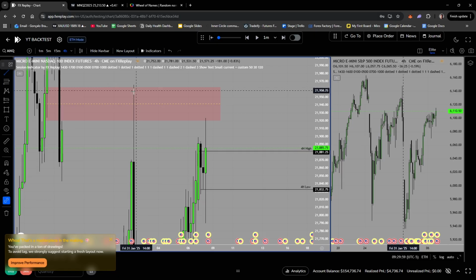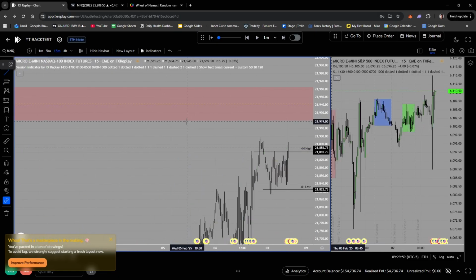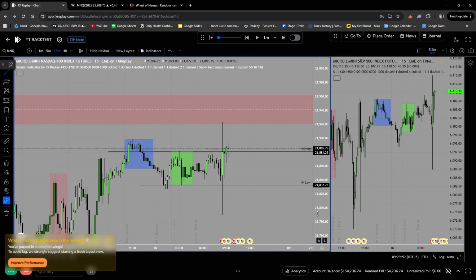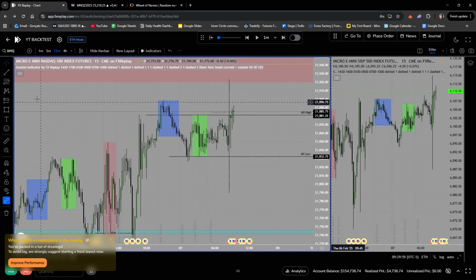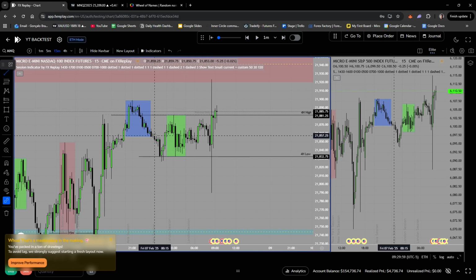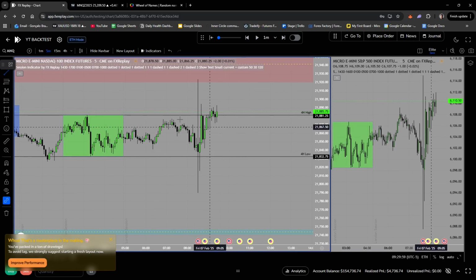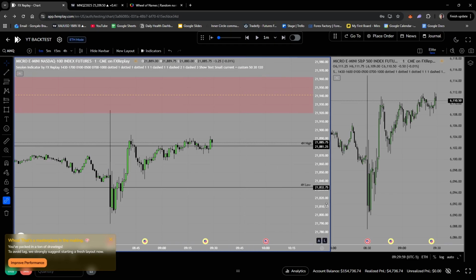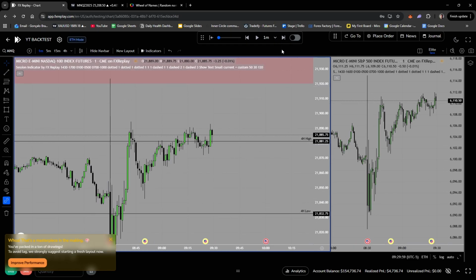Digging into that 15-minute. This is the draw, right? Yeah. Okay, so we do have the low as well. Oh, we've took out both sides. Yeah, that's tough. I'm still bullish, to be honest. And then bearish.